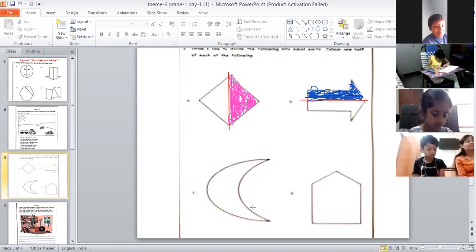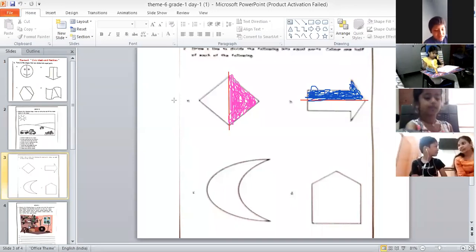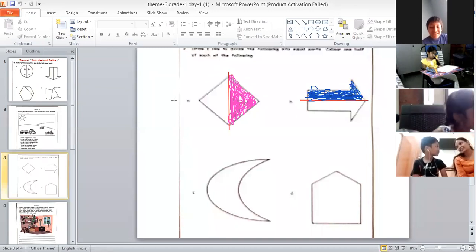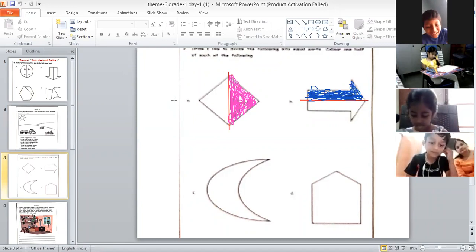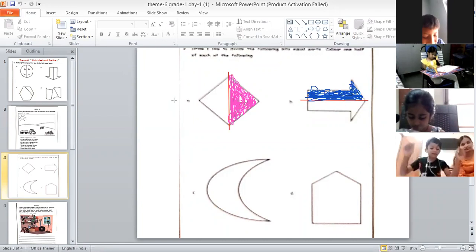Arhan, you need to unmute yourself. Please unmute yourself, Arhan. Tell me, we will draw a line horizontally or vertically? Horizontal line. Horizontal line. Very good.